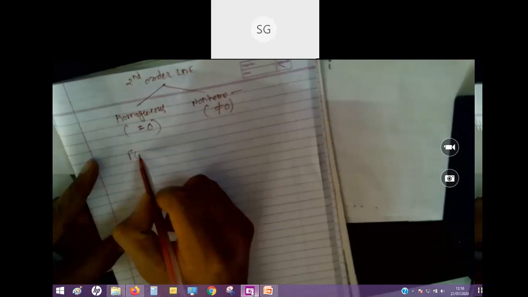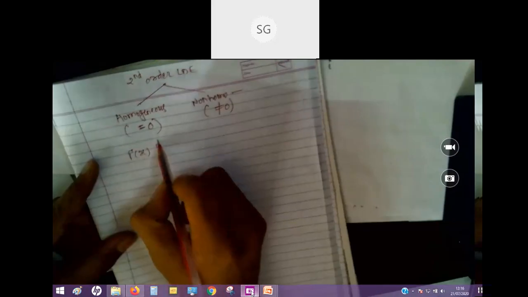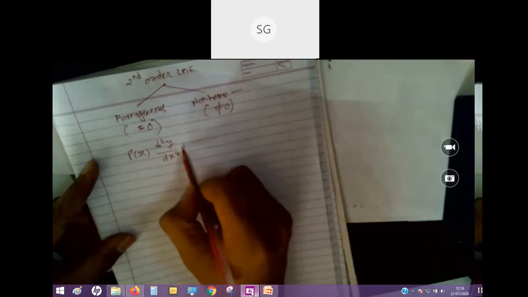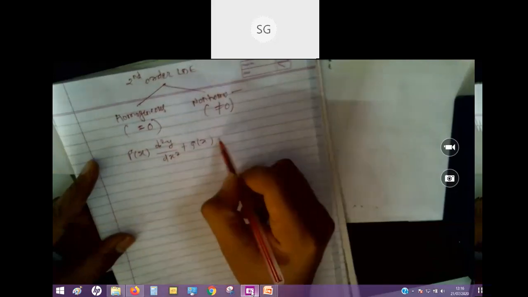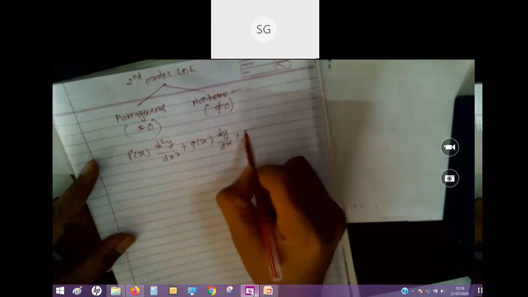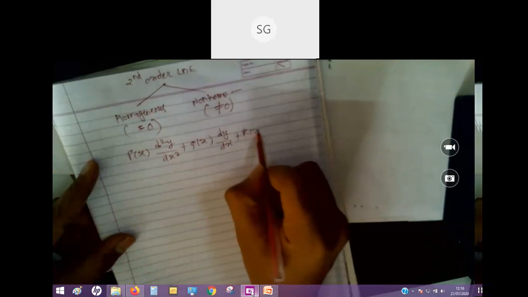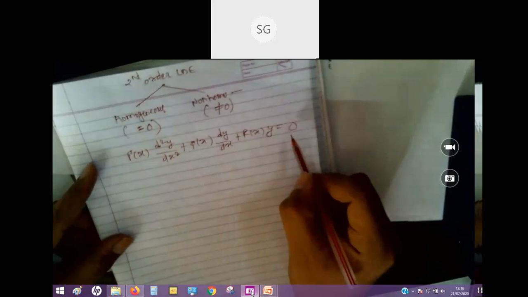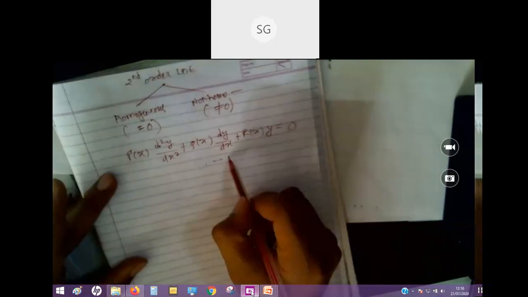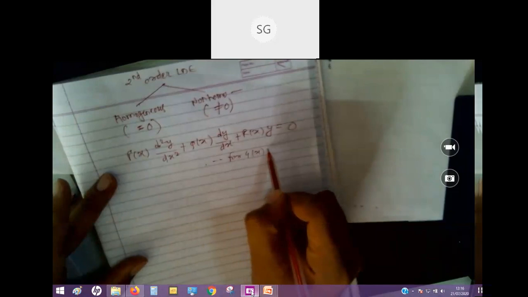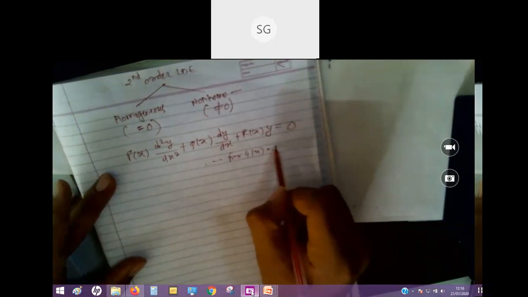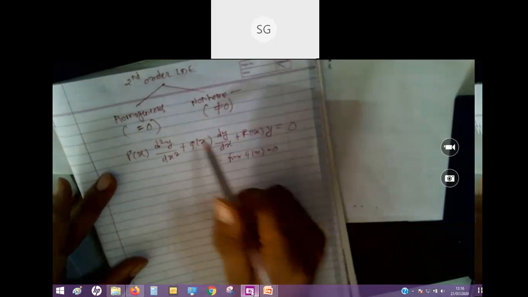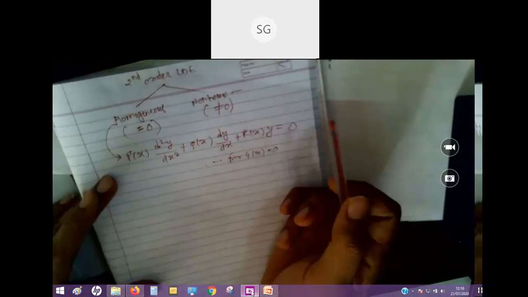P of x d square y by dx square plus q of x dy by dx plus r of x y equal to 0. The g of x will not be there; since g of x is 0, this is a form of homogeneous second order linear differential equation.